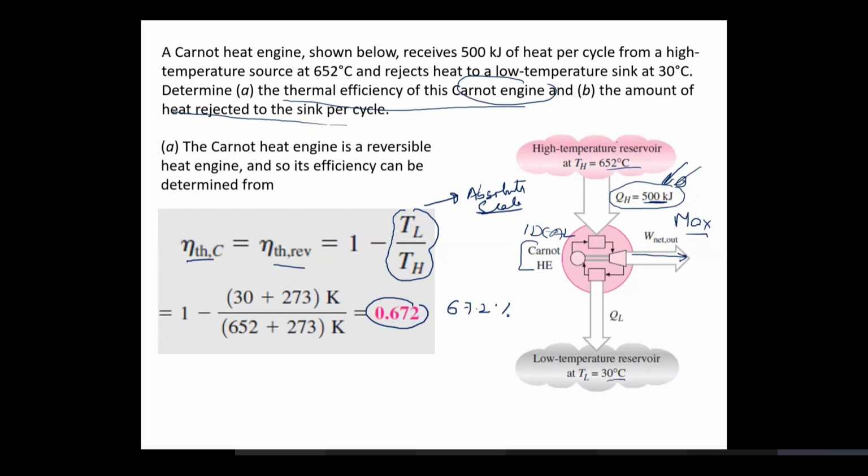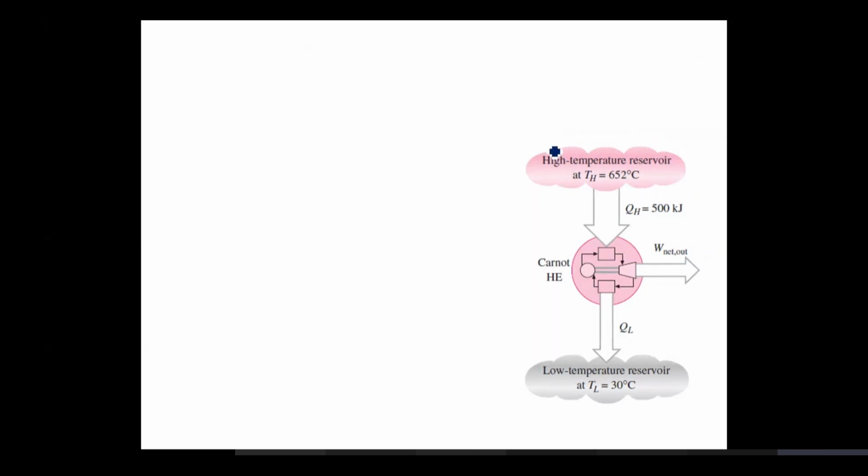That is the maximum. The remaining has to go to the low temperature reservoir. It could be more, but the certainty is that you cannot have more than 67.2% of this heat converted into work. Now, what is the amount of heat rejected to the sink per cycle? Again, you know that for a reversible heat engine, QH over QL is essentially equal to TH over TL.